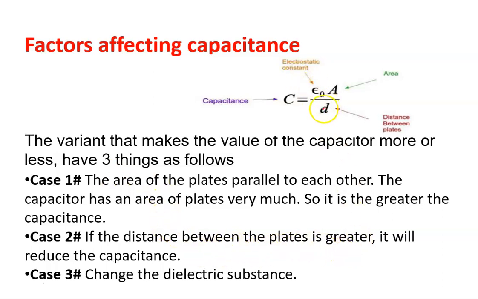As it is inversely proportional, the greater the distance, the less the capacitance will be, so capacitance will reduce. And third one is the dielectric, a change in the dielectric substance. So epsilon naught gives the information about the medium between our plates.